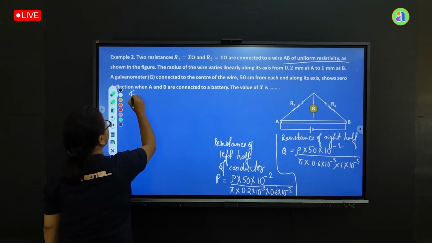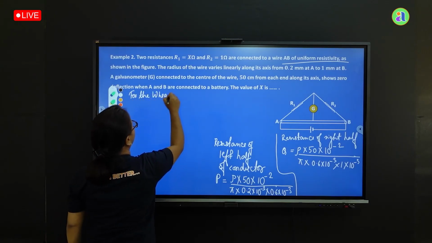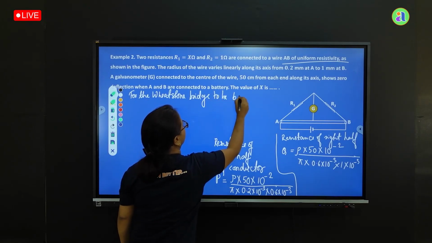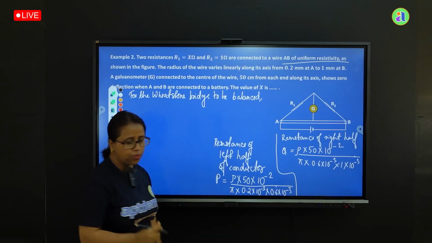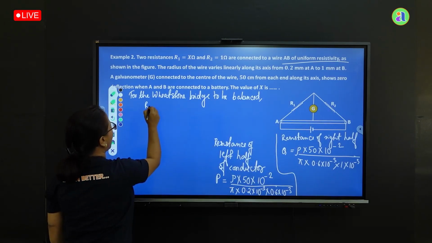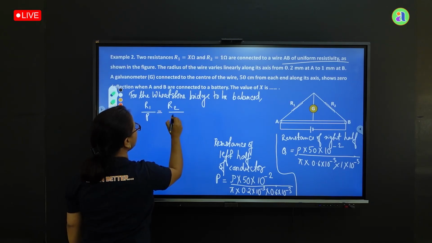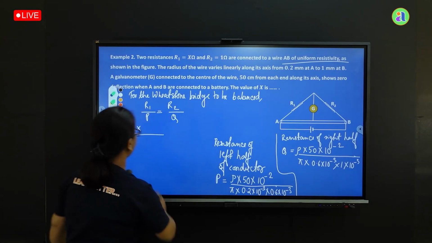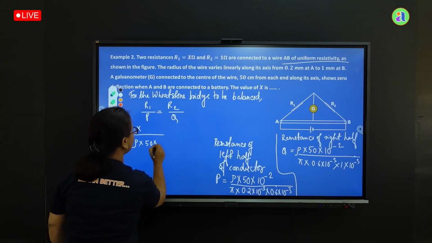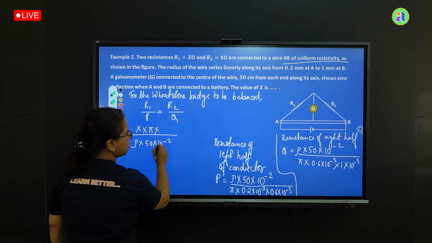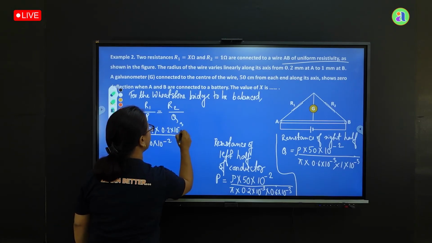Now, for the bridge to be balanced, the condition is that the resistances in the two arms are R1 and R2, so we have R1 by P equals R2 by Q. R1 has been given as X, and P is this, let me put in the value: rho times 50 times 10 to the power minus 2 in the numerator, and in the denominator pi times 0.2 times 10 to the power minus 3 times 0.6 times 10 to the power minus 3.